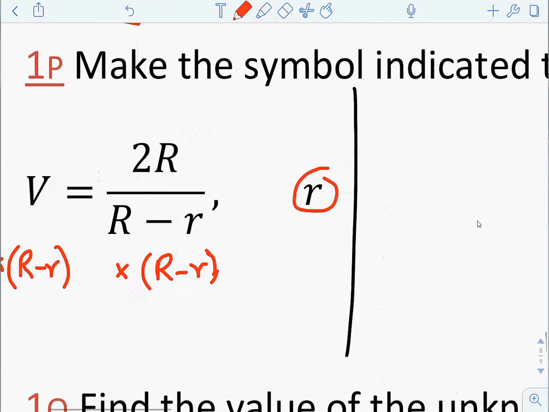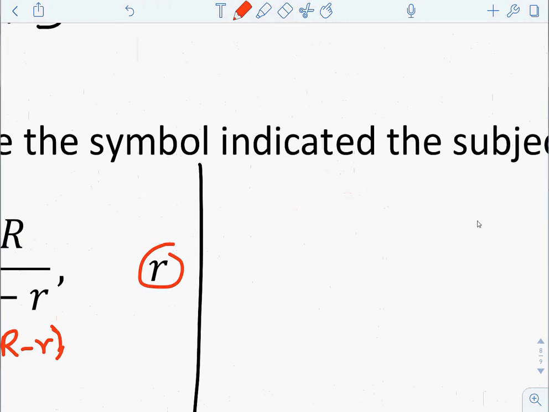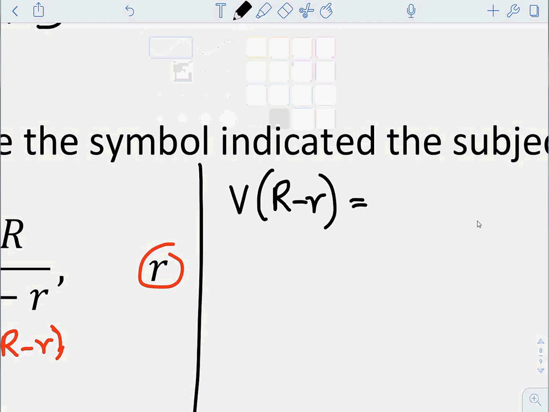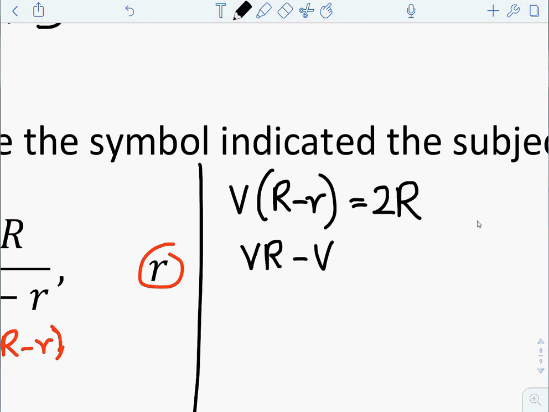I don't like denominators, or I don't like fractions, so where possible I try to get rid of them. This leaves me with vr minus r, which is equal to the numerator of that last fraction, which is 2r. I'm going to expand this bracket: vr minus vR, one capital, one lowercase, equal to 2r.